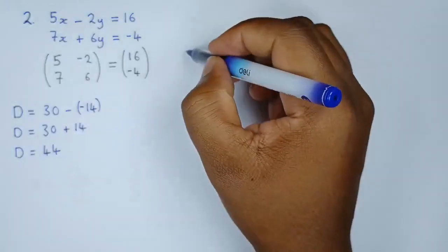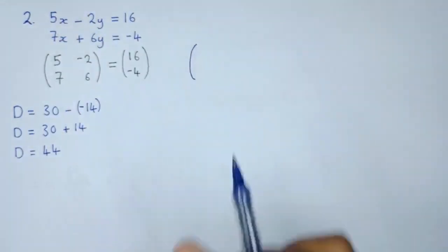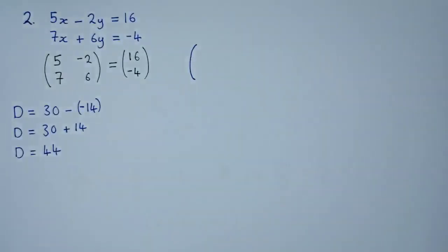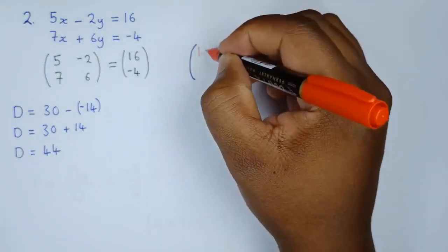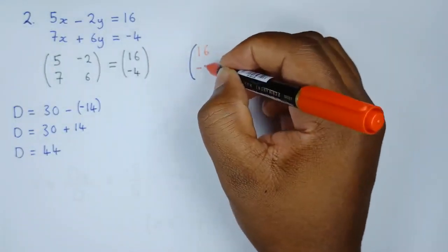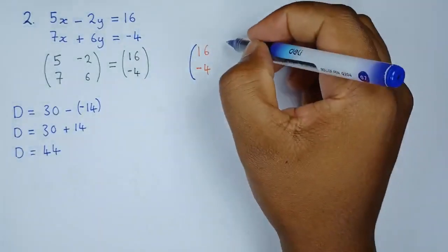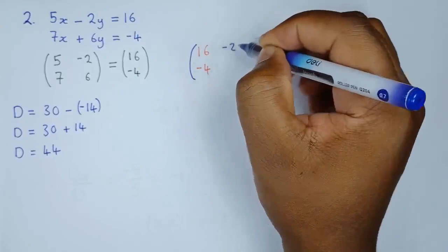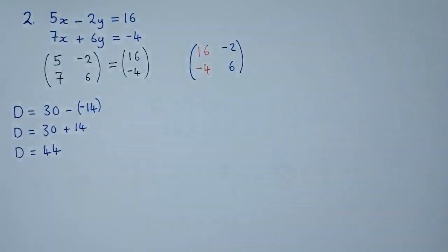So we're going to rewrite the matrix. For the values of x, we shall replace them with these values that we have here, which are 16 and -4. Then we write the values of y as they are, which are -2 and 6. So this will give us dx.